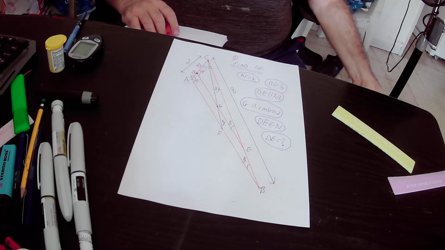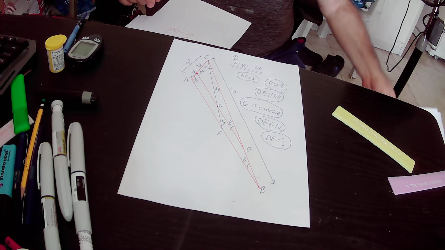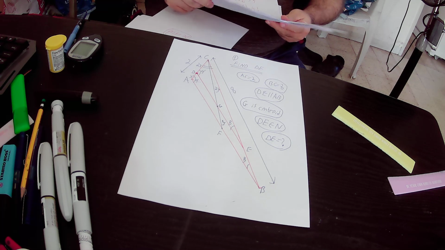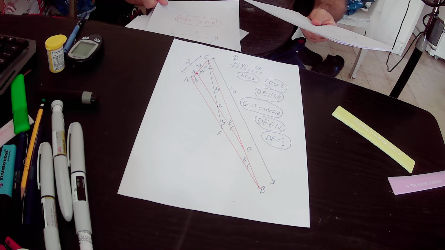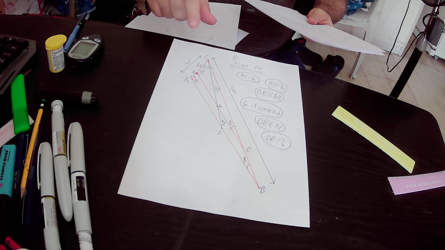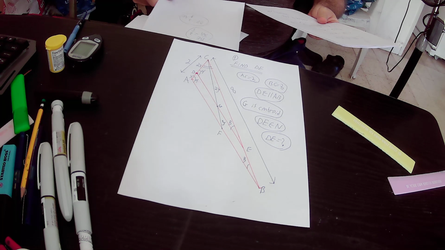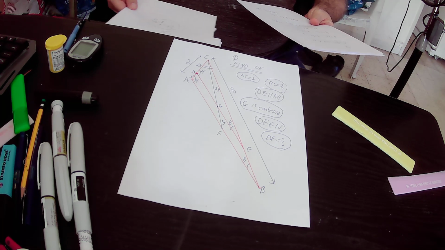Okay, now I will summarize the lecture. Actually, we wanted to find out the value of DE. We know that AC equals 2 units, BC equals 8 units. G is the centroid of the triangle.